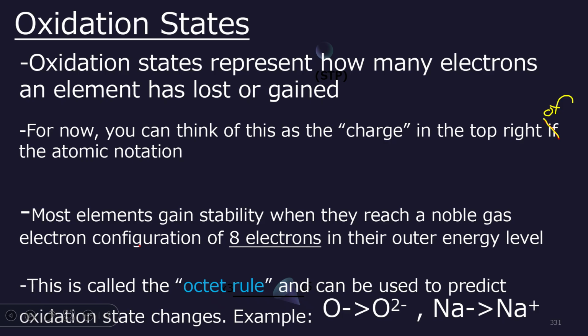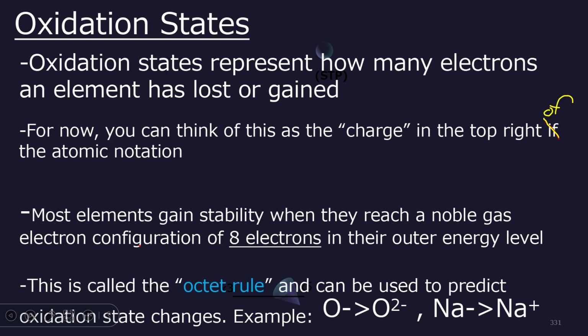So in our example today, sodium, for example, is really close to obtaining a full octet. It just needs to lose 1 electron to go down to the previous level, which is filled with 8. Chlorine, on the other hand, just needs to gain 1. If it gains 1, it goes up to a stable octet of 8. Another example I have at the bottom there is O. O has 6 valence electrons in the outer energy level.